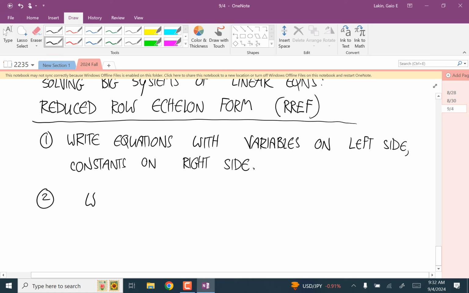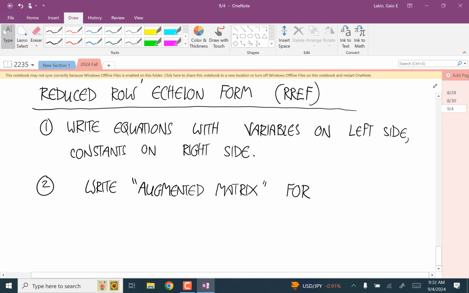Then write what's called the augmented matrix for this system of equations. So let's say that this is an n equation system.